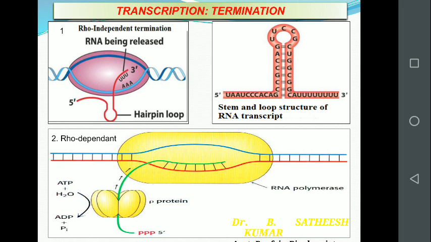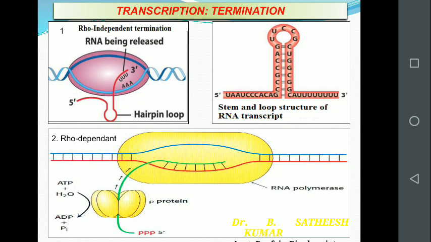So we require a hairpin-like stem and loop structure followed by poly U sequence, and it requires no assistance of proteins like rho factor. The second mode of termination is rho dependent.